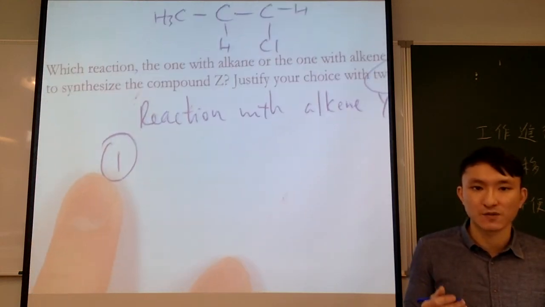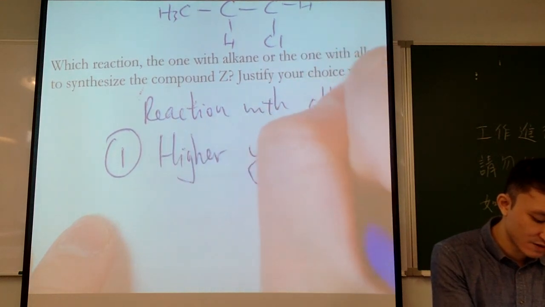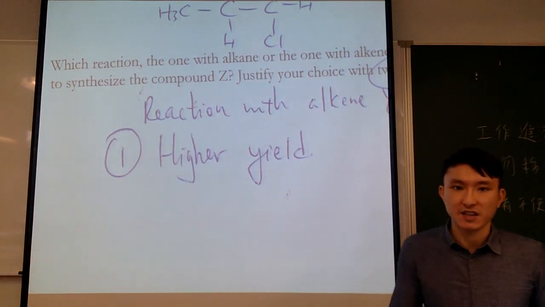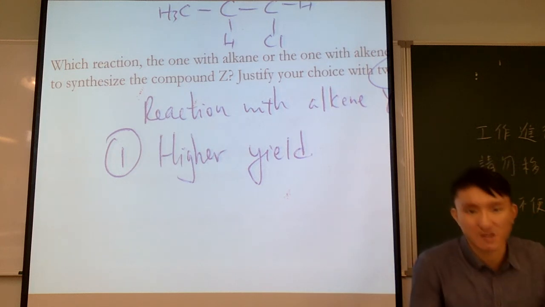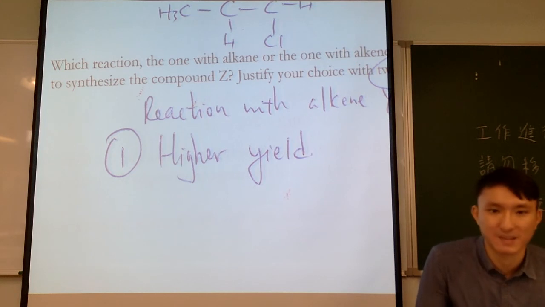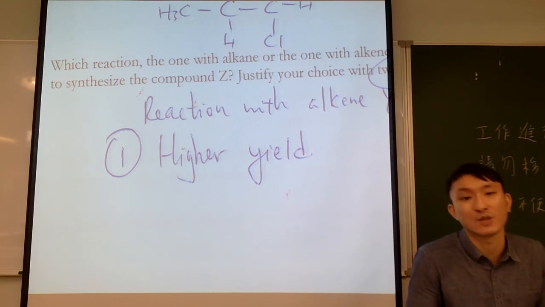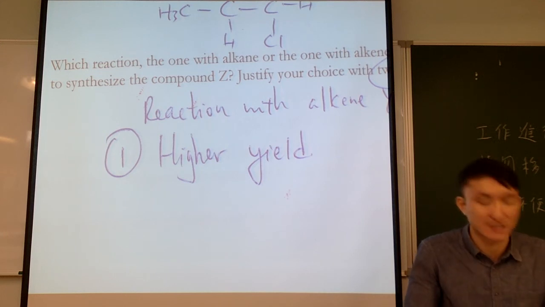So in terms of yield, of course, this one has a much higher yield. Later on in Form 6, we will talk about atom economy. This one has 100% atom economy, meaning that all the atoms from the reactants end up in the product.